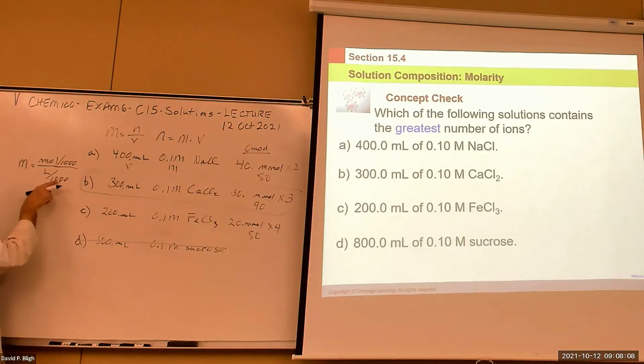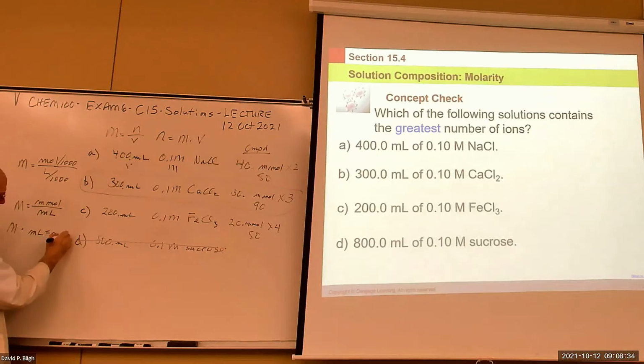Well, what is this one? 1,000th of a liter is milliliter, right? What's 1,000th of a mole? A millimole. Okay? And it's still molarity, right? All we've done is divide this one by 1,000, that one by 1,000. So if we multiply molarity times milliliters, we get millimoles. Okay?